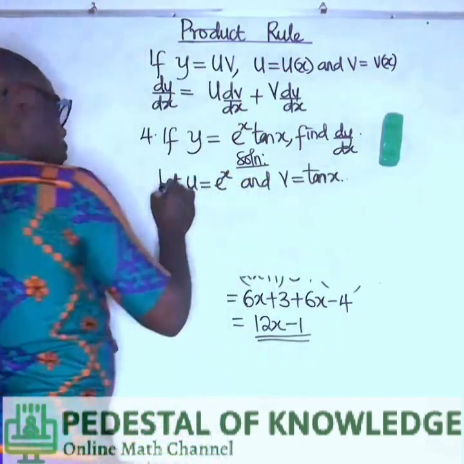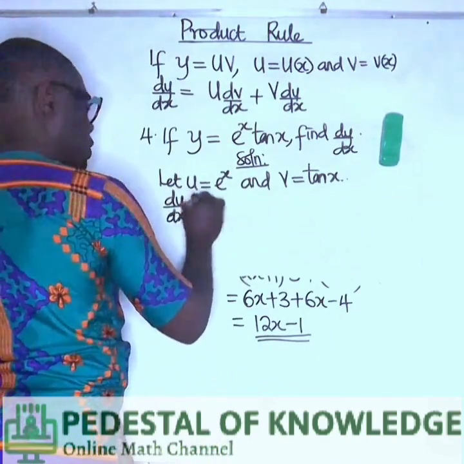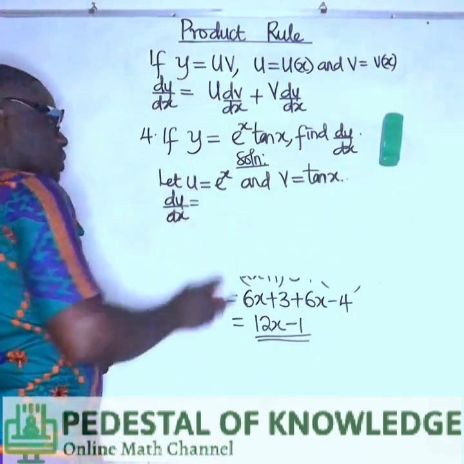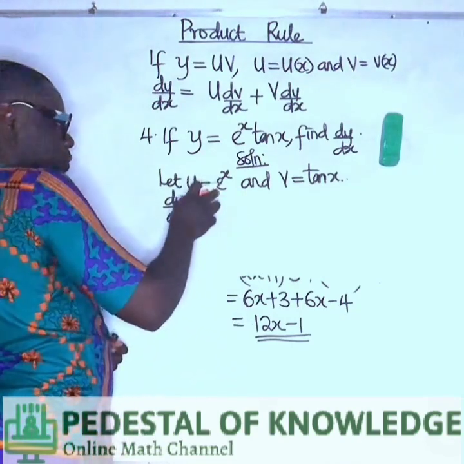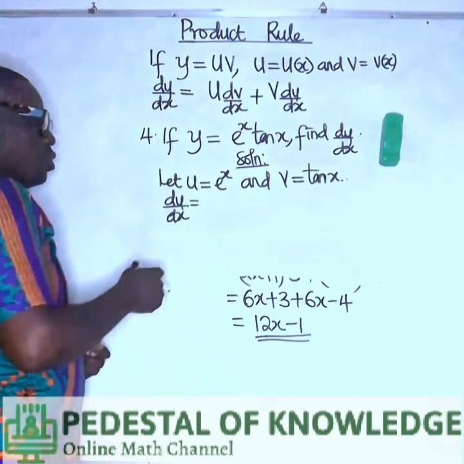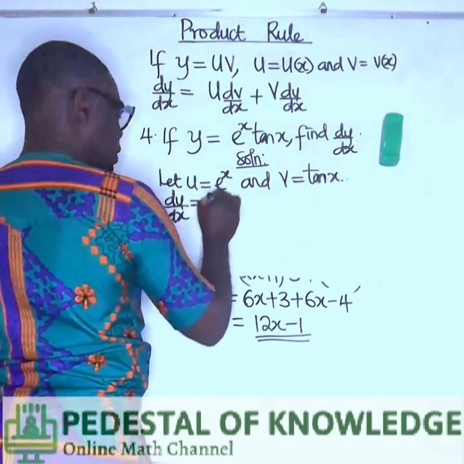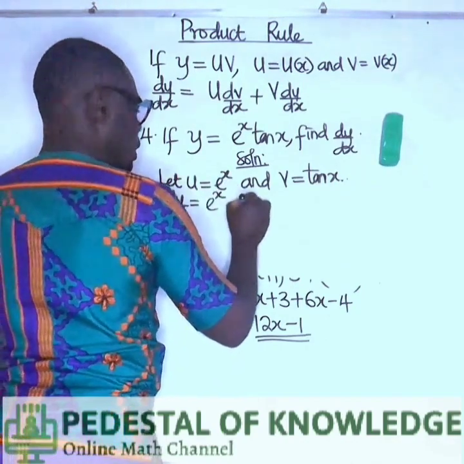Okay. Now when we differentiate, du dx is equal to, I said in a previous lecture that this function behaves like a small god. It does not change no matter the number of times you differentiate it. So du dx of e to the x is also e to the x.